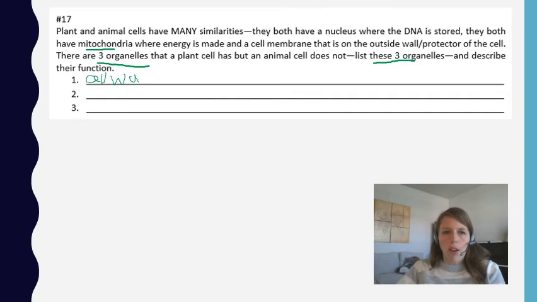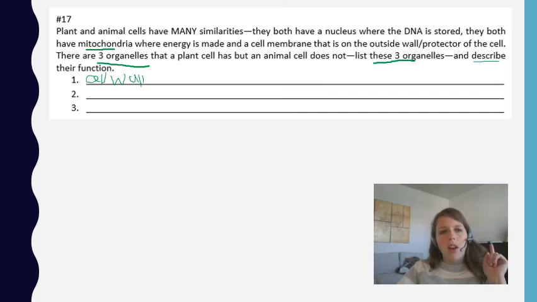Okay, and do you remember its function? I won't write it out, but its function is an extra protective wall around the cell. Why does it have it? Because plants live outside in the really extreme heat or the really extreme cold, so it just needs that extra protection for insulation and water retention. So don't forget to describe, write out the function.